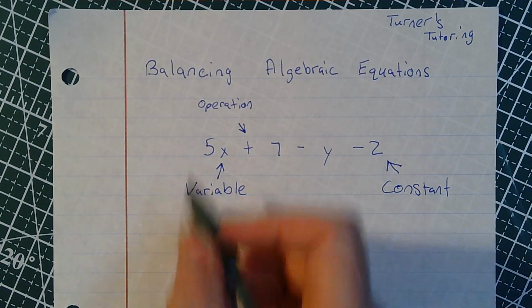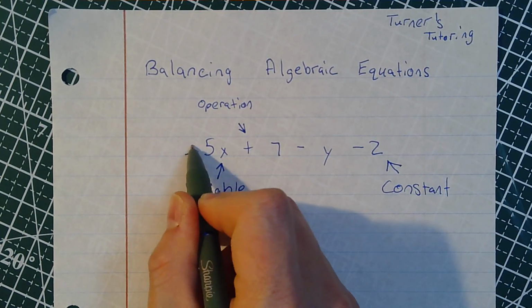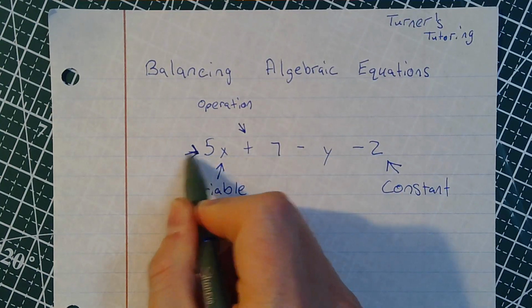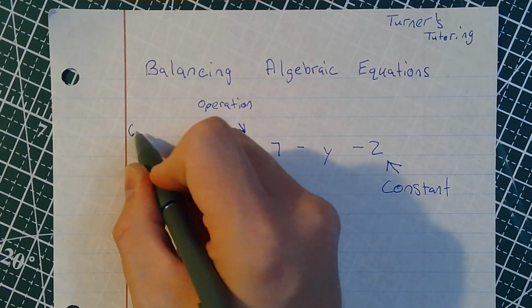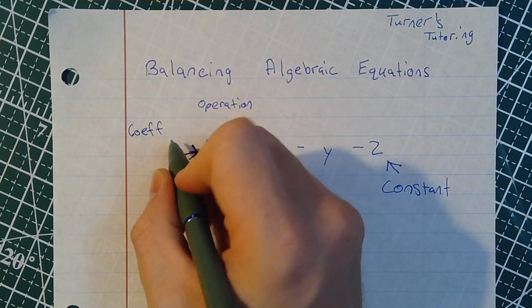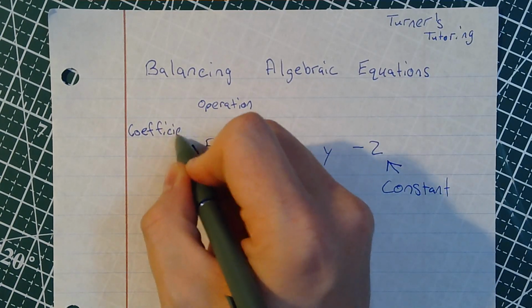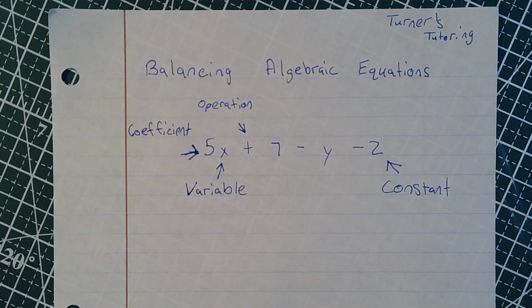And when we see the number with a variable, that is called a coefficient. Give me a moment to write that. I'm doing this real time, but feel free to either speed up the video or pause it.